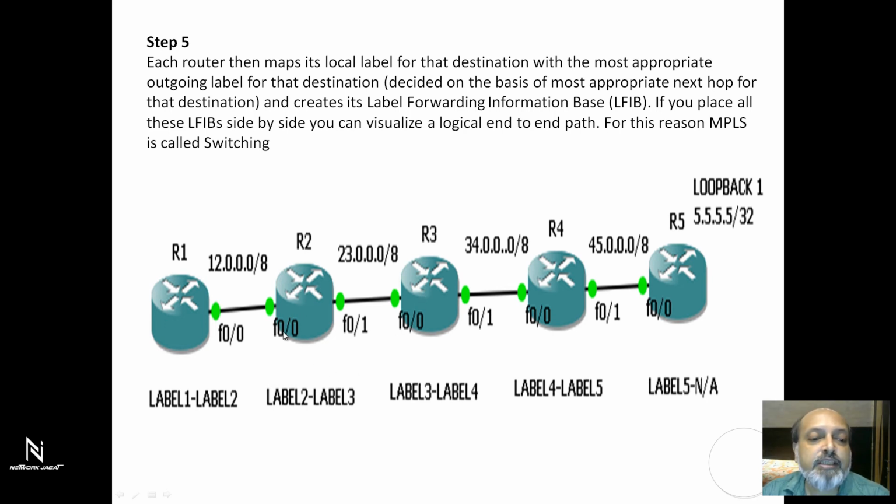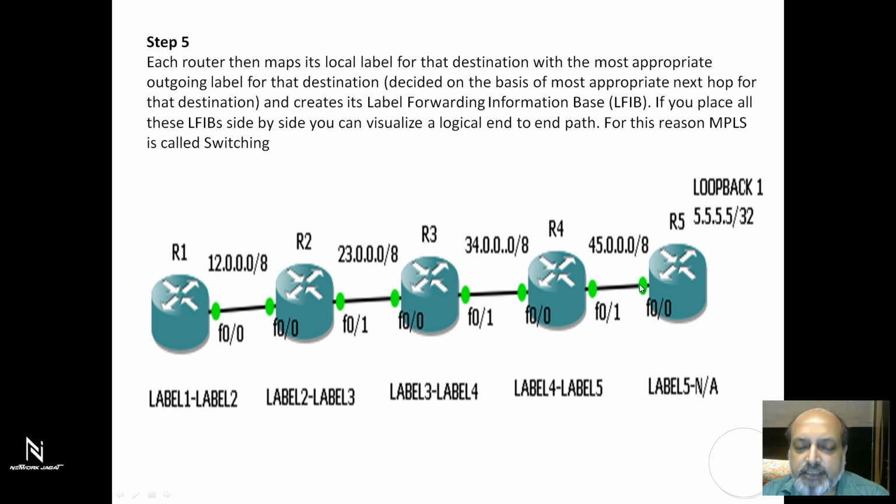But if it is a switching process, then the devices participating in the forwarding also know that there is a virtual path through which the data should be passing. It should not be just tossing up and catching down. It should be going through a particular path.